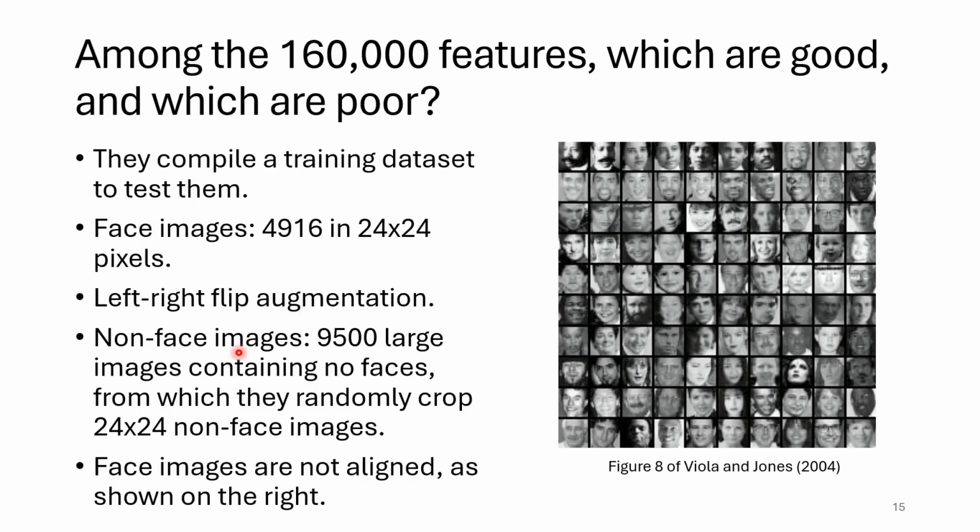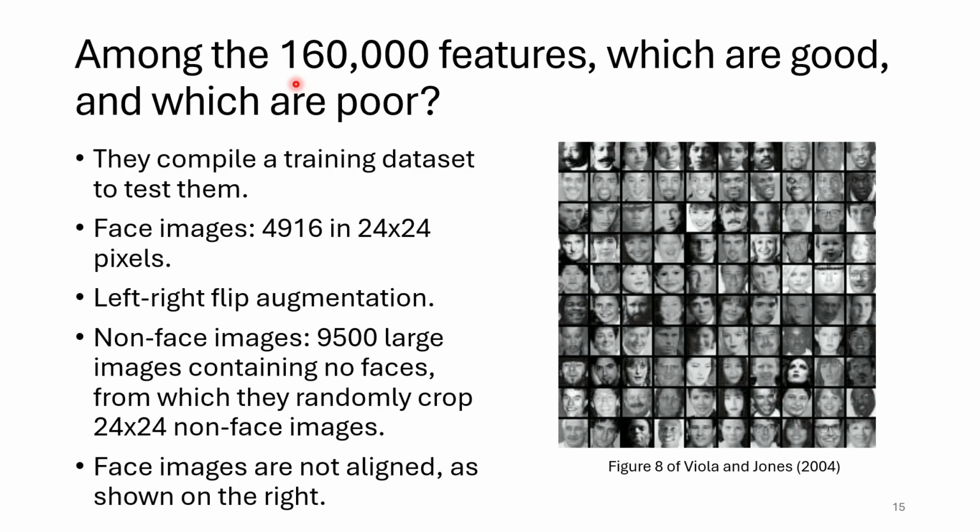For a patch size of 25 times 25 pixels, they have more than 160K features they can choose. So the problem is, what is the best feature to use among the 160K features?